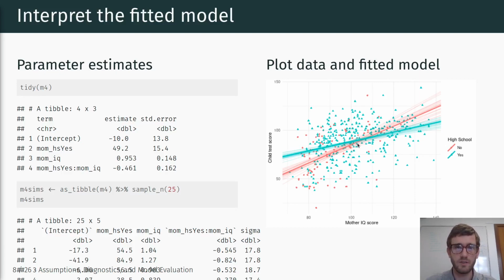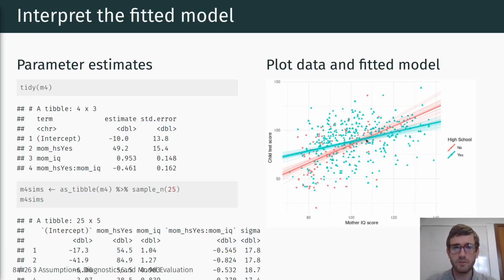right here, taking into account this interaction between high school education and the IQ score, we're plotting the data directly split up between observations where the mother has a high school education and where the mother does not have a high school degree, and then include separate fitted lines based on these parameter estimates to visualize the association between the IQ score and the child test score, right?